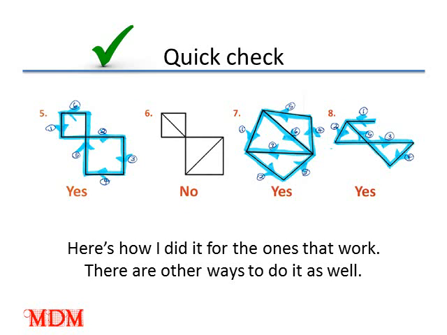Looking at the way these were solved, you'll see that I've used again the numbering system with the arrows to indicate the path I took as I traveled through the figure in order to trace it completely. Again, there are other ways to do it as well.